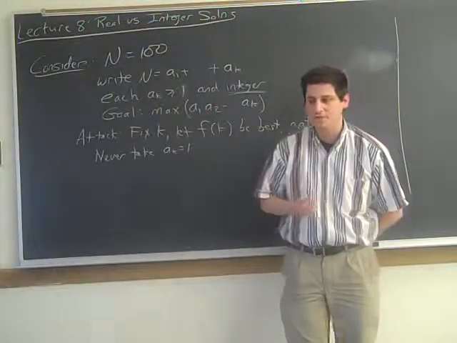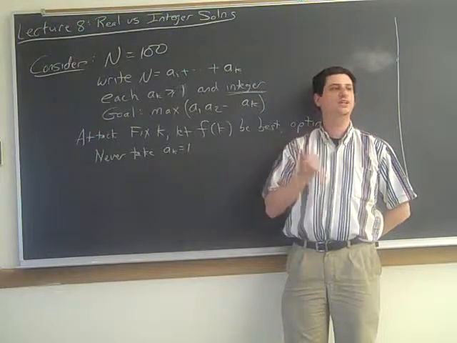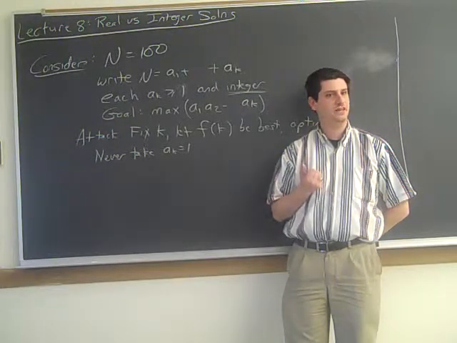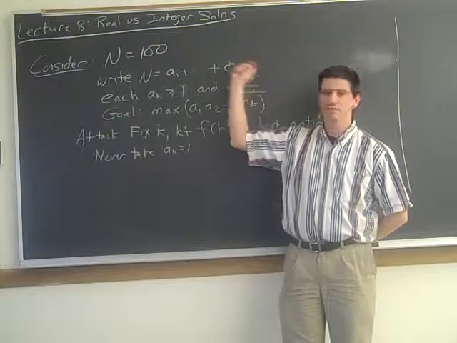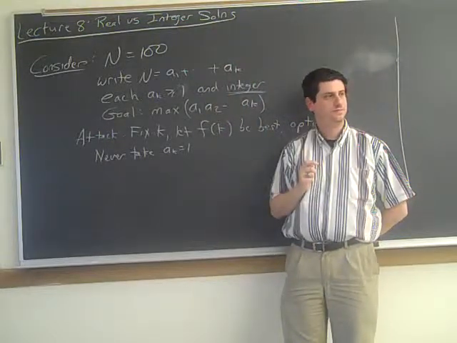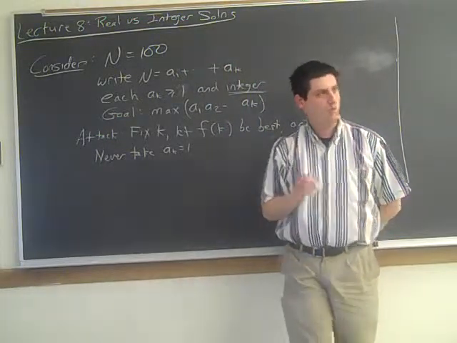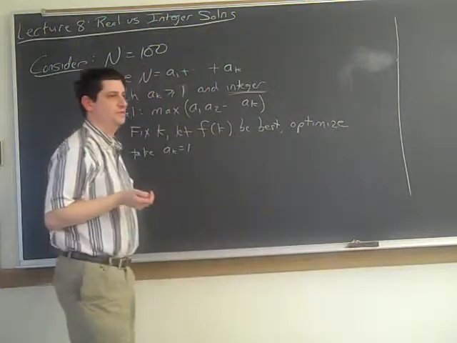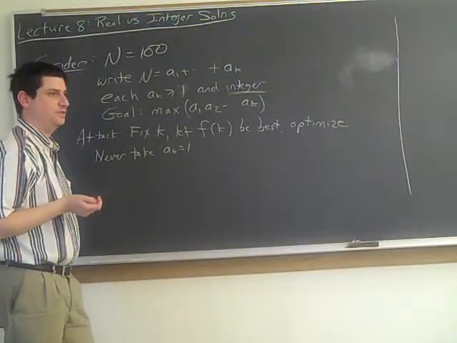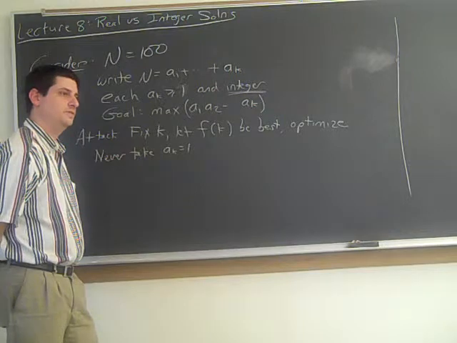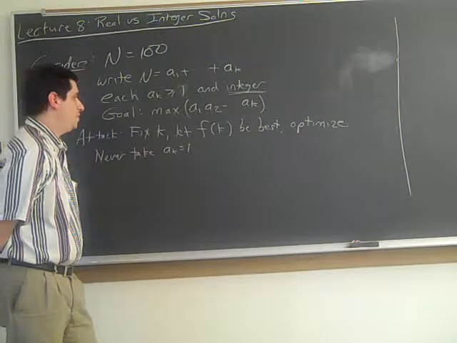Okay. What about the opposite extreme? Can you tell me a number that's so large, I would clearly not want to take that as one of my values of my a's? 100. Why wouldn't I take 100? k equals 1, and then the maximum is just 100. Okay, maybe that's the best I can do.